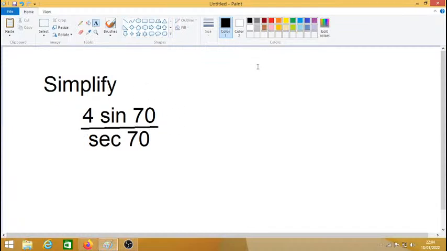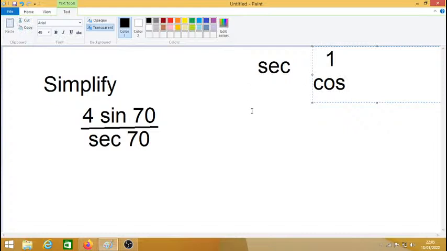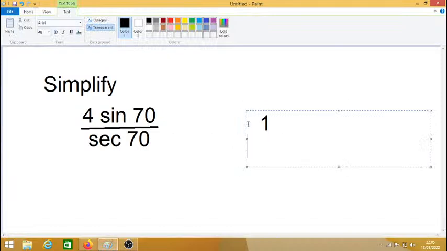What we learned before is that sec really means 1 over cos. So let's try and apply that here. Sec 70 is really 1 over cos 70, so I can replace sec 70 as 1 over cos 70.